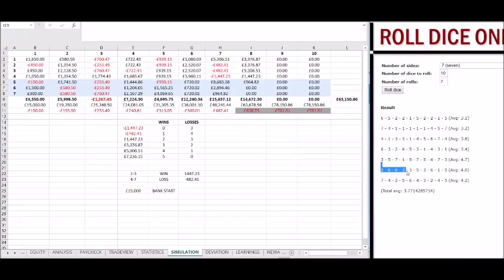Saturday, there were 3 wins and a loss. So 3376.87. Take 482.41. So that takes us to 2894.96. And then the last day of the week is actually a 1, so it's a minus 482.41.